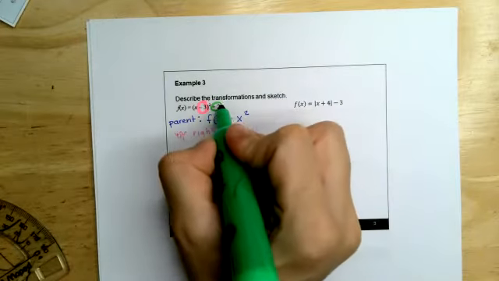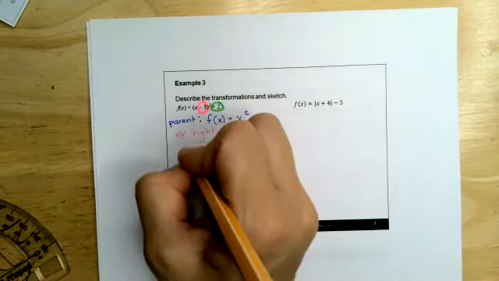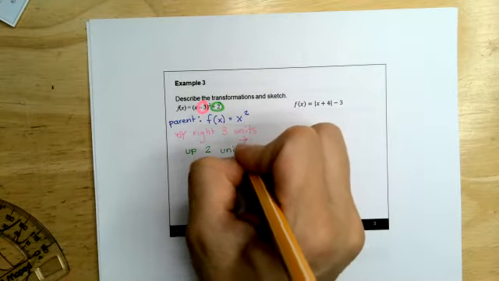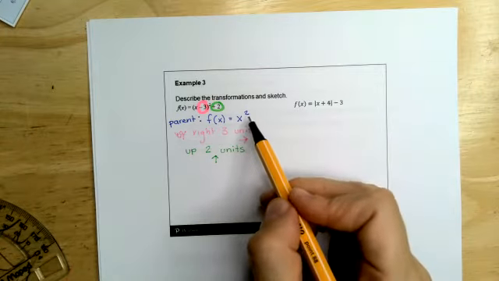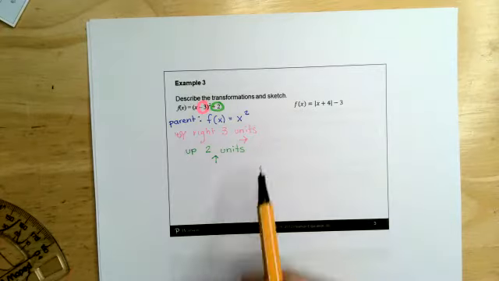This +2, it's outside the grouping symbol, so that means it has to do with the y-axis. That means it's going up 2 units. So I'm taking x squared, I'm moving every point on x squared to the right and up.